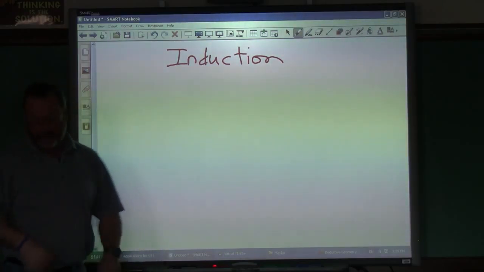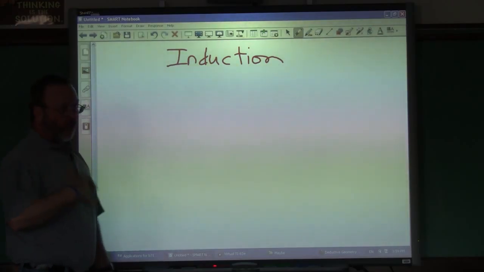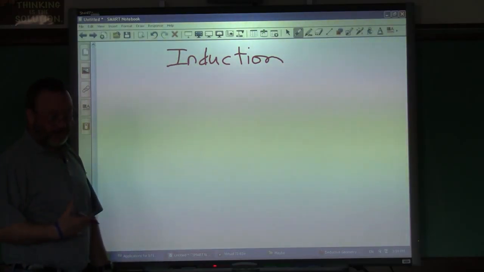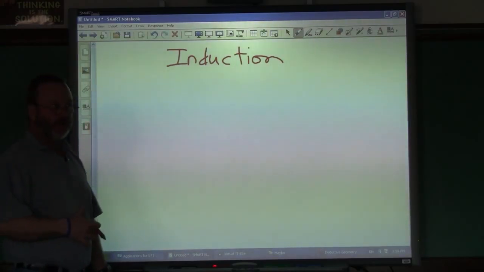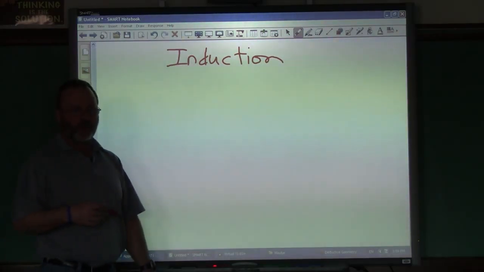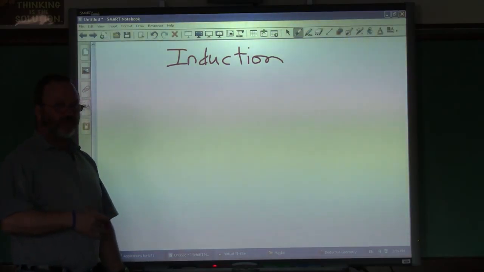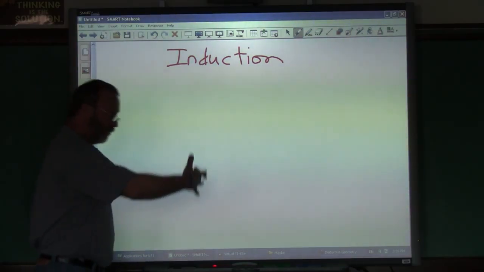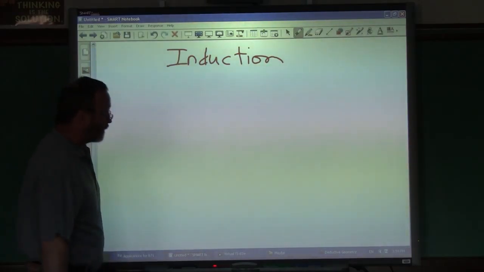Well, essentially, you want to show that a statement is true for all cases. You need to show that it's true for the very first case. Then you want to assume it's true for all but the last case. And then you need to prove that if it's true for all of those cases, it's also true for the last case.